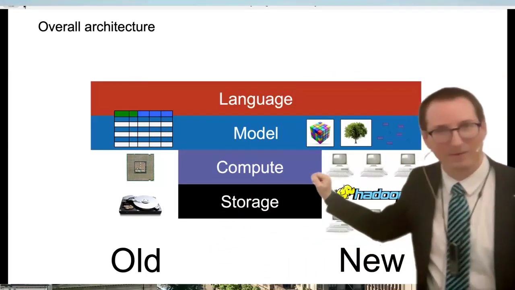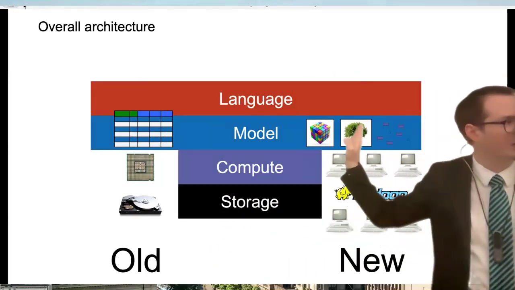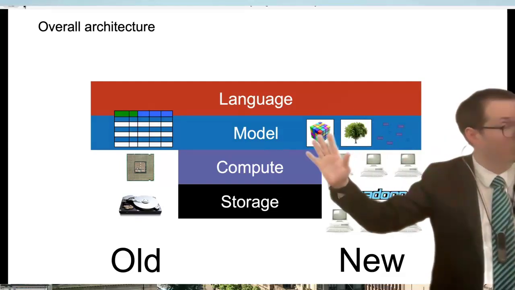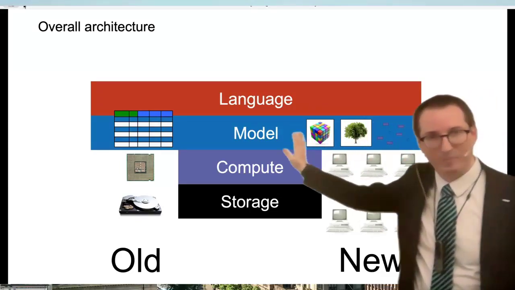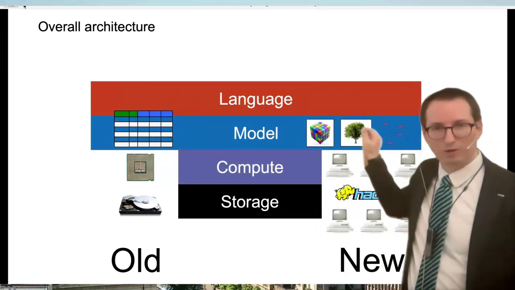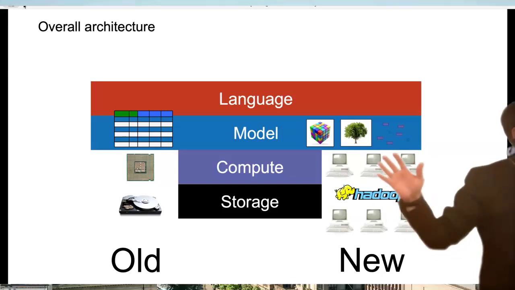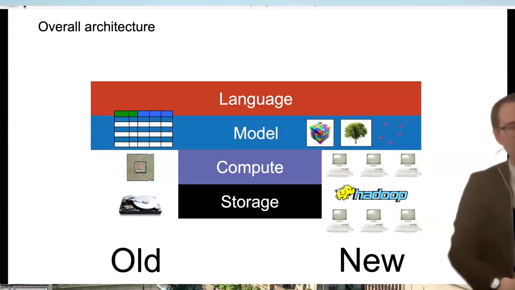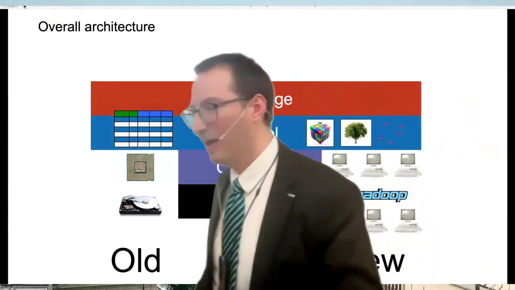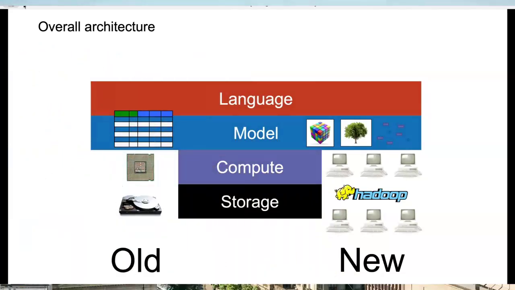I added here cubes, trees, graphs, and so on, just because it's also true for these other shapes. Basically, we keep the language and model the same, and we just swap the physical layer, and it just works in a way that the user barely notices the difference, except that suddenly they can query petabytes of data, and it's fast, as opposed to megabytes or gigabytes on a single machine.